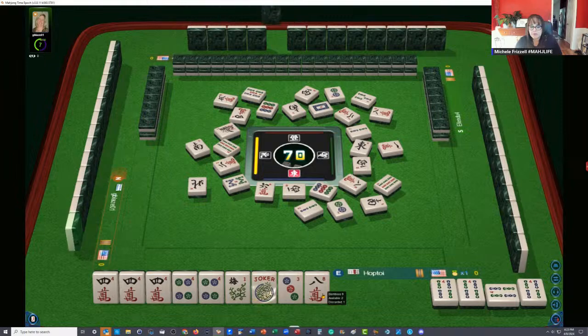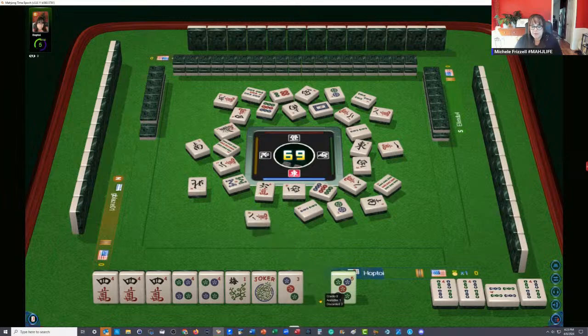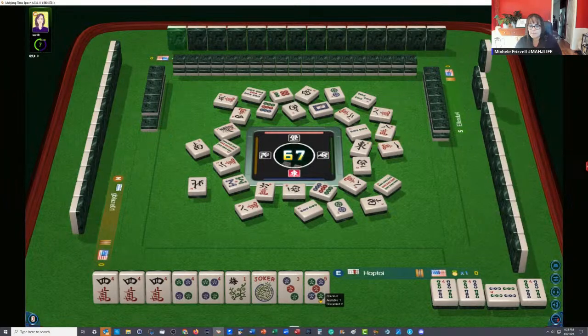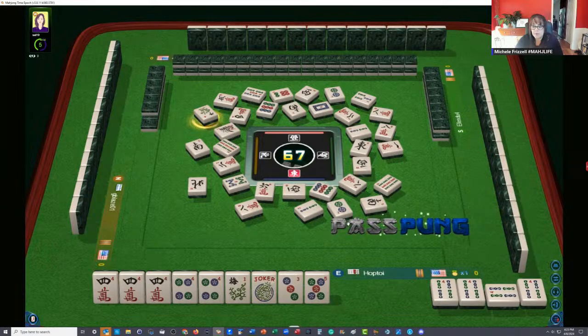So we're looking for a 4-dot and a flower. 6 dots. Hopefully we'll draw a flower soon. 8 characters. We need one good pick here for that flower. None have been, oop, there's the first one. We're going to pass, of course.